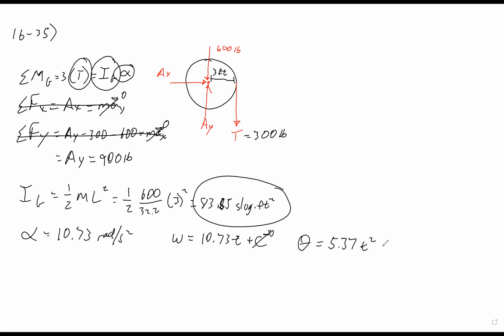All right, well, then that is equal to how many times we are going to go around, and we want 3 revolutions, 3 times 2 pi. So 2 pi is a revolution, and we want 3 of those. And then we solve for t. So t is equal to 1.874 seconds. All right, we've answered part A.